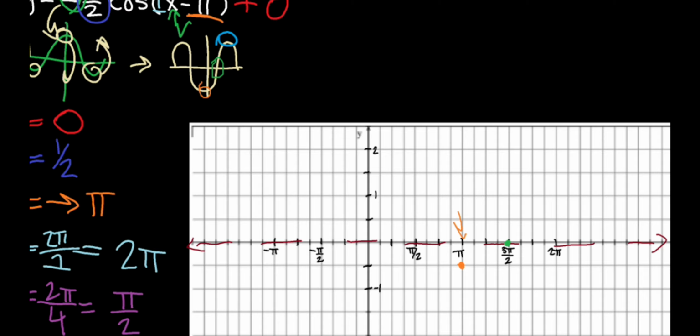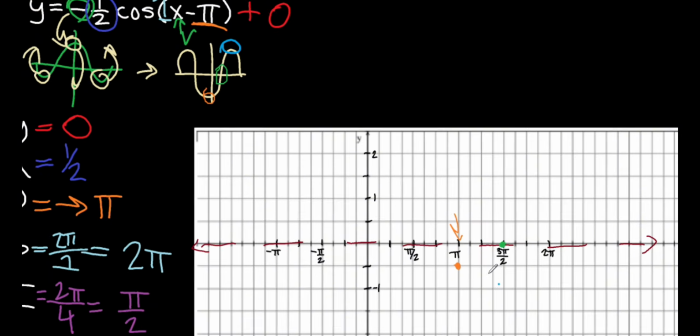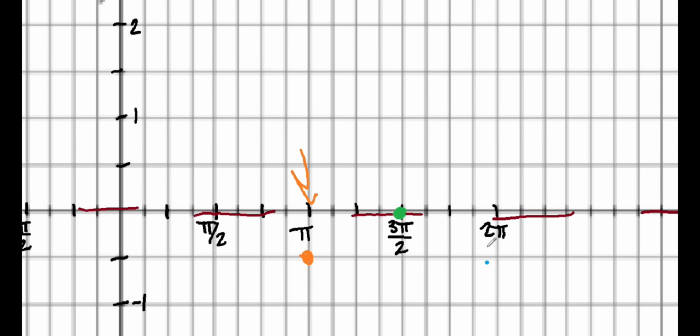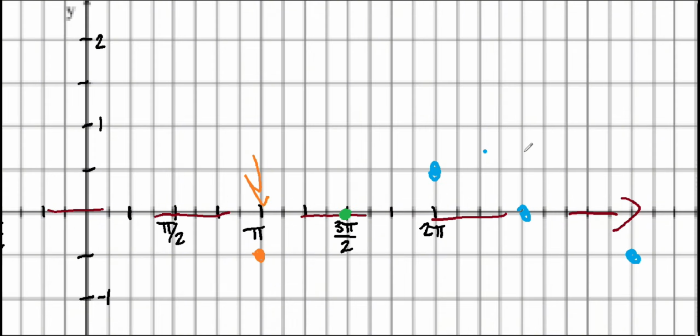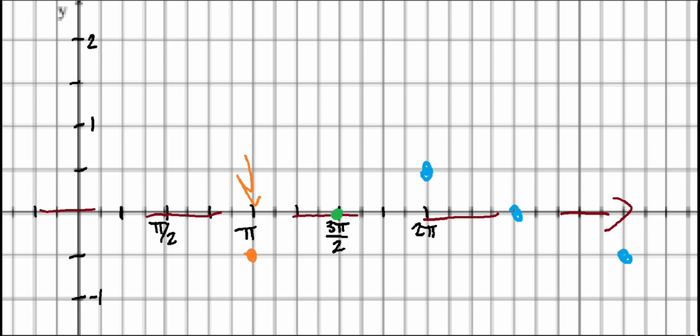So again, we're going to go right pi over 2 and then we're going to go up by the amplitude, so up 1/2, and it's going to be at 2 pi, 1/2. Then our next point is going to be back down at the midline, pi over 2 away. Then our last point is going to be a minimum again, pi over 2 away. And now we can go ahead and connect these points.